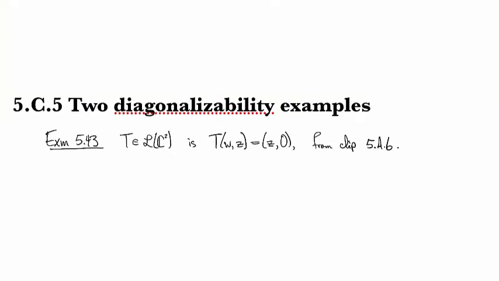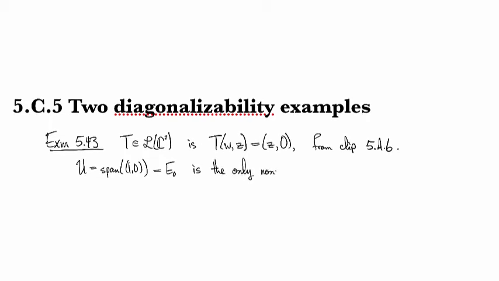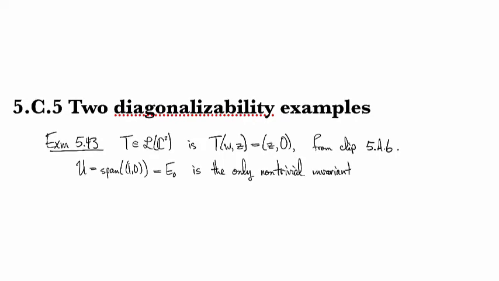5.A.6. Okay, so here U is taken to be the span of the vector (1, 0). This is the eigenspace with eigenvalue 0, and this we saw in 5A.6 is the only non-trivial invariant subspace, meaning that the others are the zero space and all of C2.